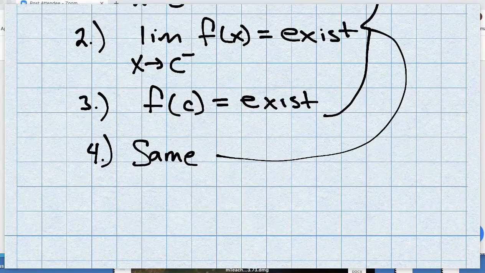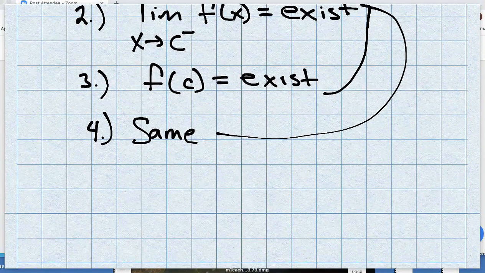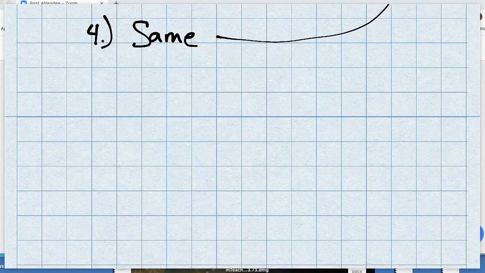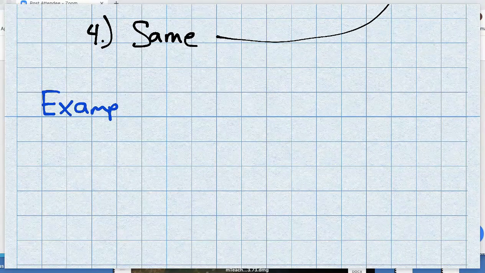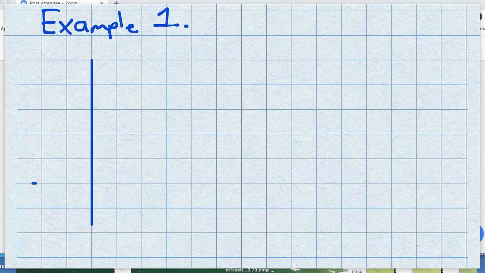It would be the kind of thing where maybe I'll show you an example. Let me do an example with a graph. Okay, so I'm just going to draw a graph, and a lot of times it's asking, show why it's continuous or why it isn't continuous.